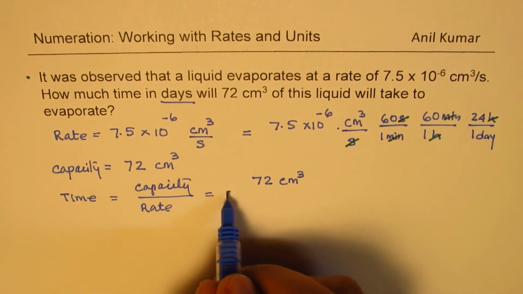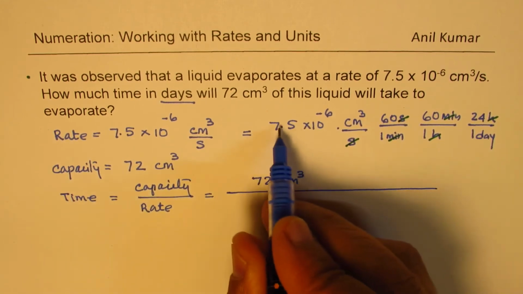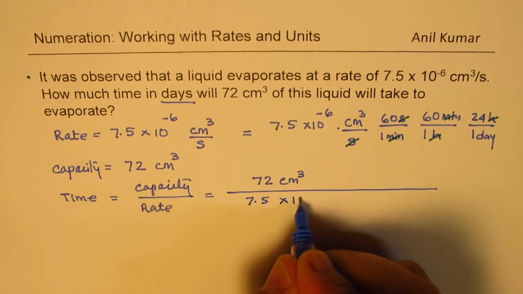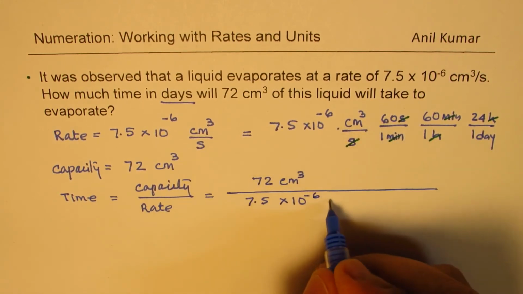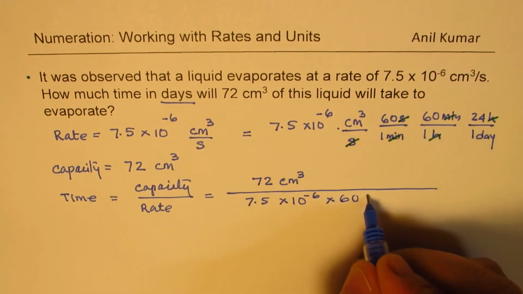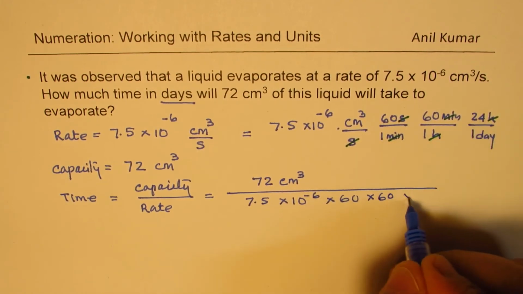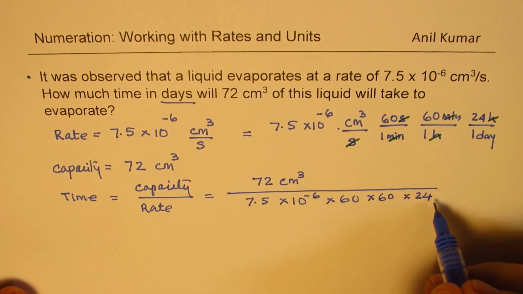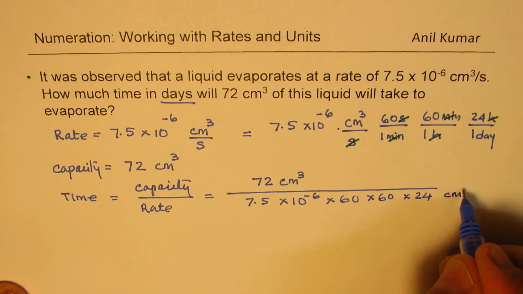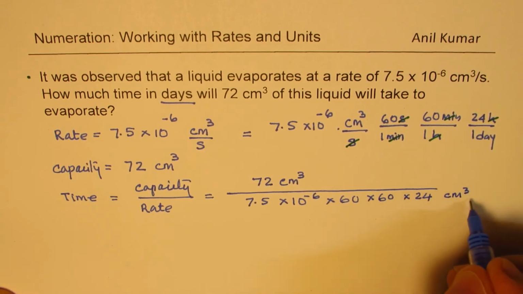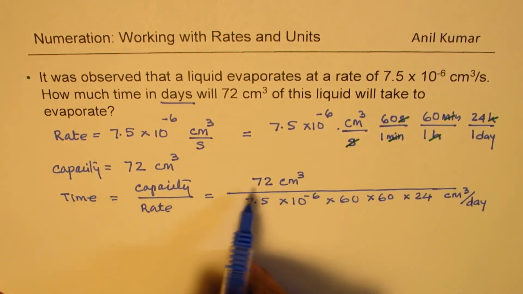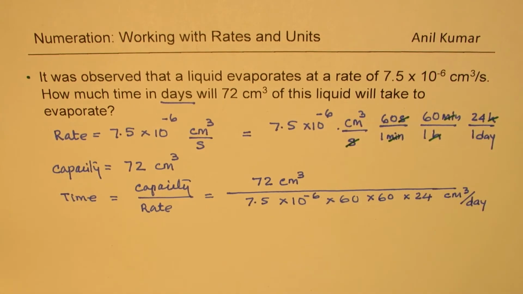And the rate is what you have here, 7.5 times 10 to the power of minus 6 times 60, then again times 60, and then times 24, with units of centimeter cube per day. Since day is in the denominator, when you divide, day will go on the top, so you'll get the unit of time in days. Does it make sense to you?